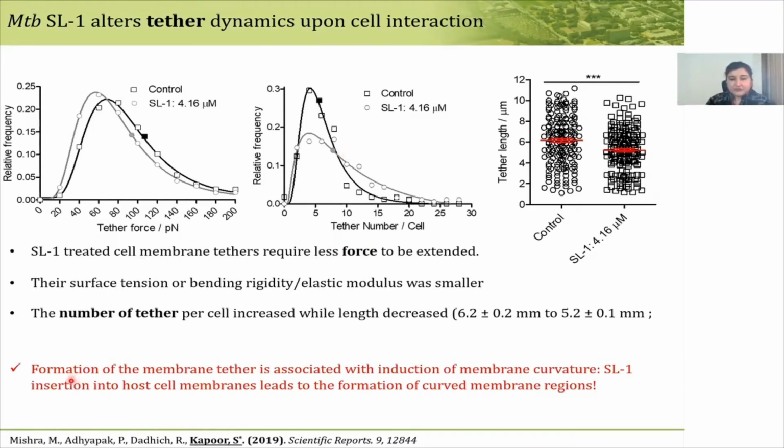In general, the formation of membrane tethers is associated with the induction of curved regions. So there is a tantalizing possibility that SL1 insertion into the membrane can lead to the formation of such curved regions, which affects the membrane nanotube formation as well as their dynamics.